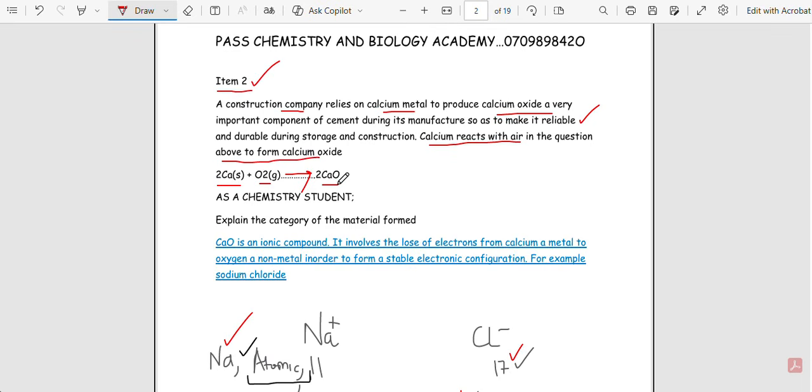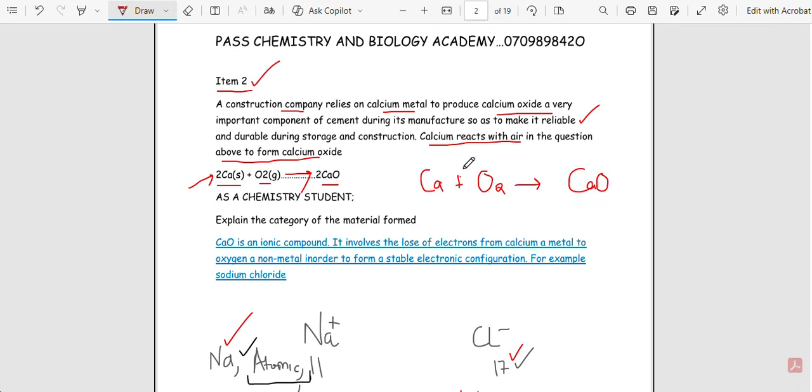So they are telling us calcium reacts with air in the above equation. So this is the equation. Calcium plus oxygen gives us calcium oxide. Before I go so deep, someone might ask me, where are these two coming from?